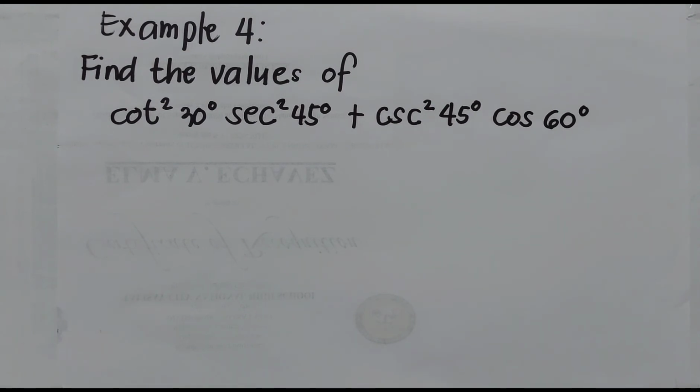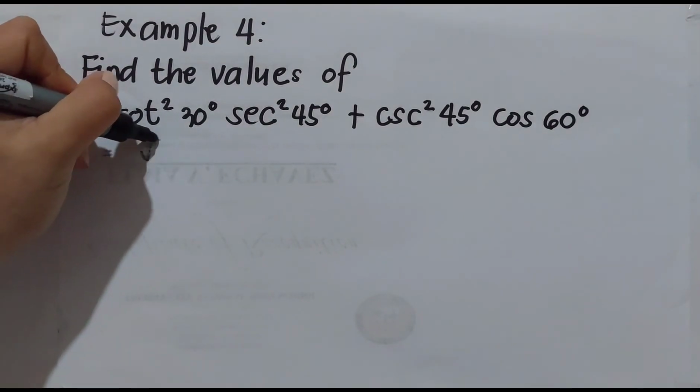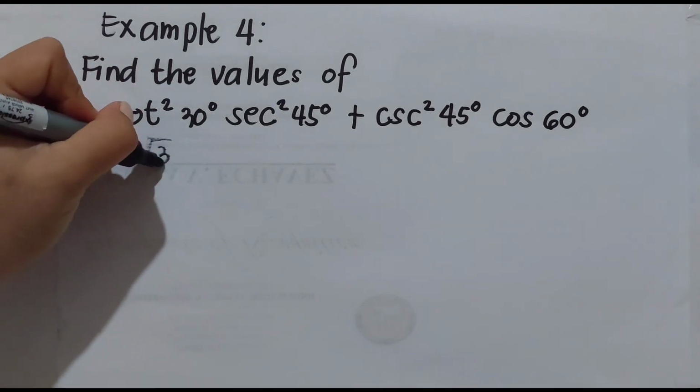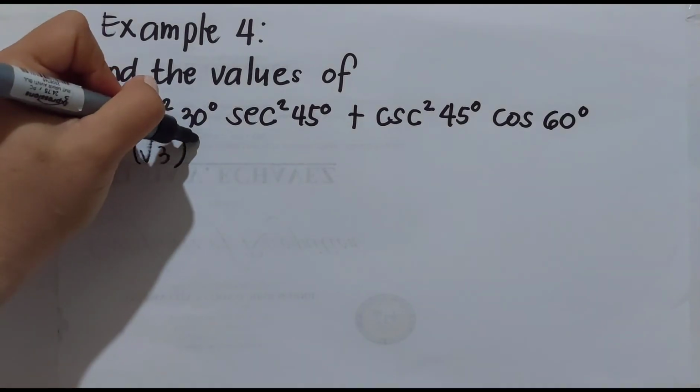So, cotangent, pila man to ang cotangent 30? So, tan-awa sa table, cotangent 30 is square root of 3. So, atong i-replace. So, we have here square root of 3. Kaya naman siya square, so ato siyang i-square.